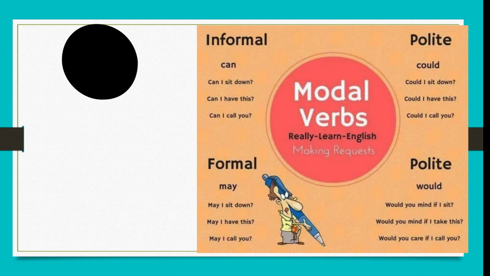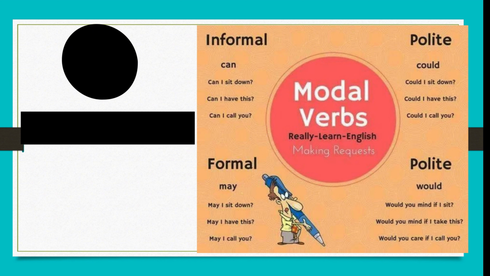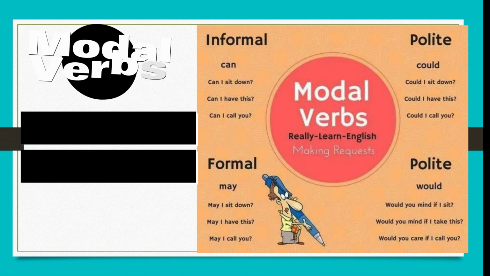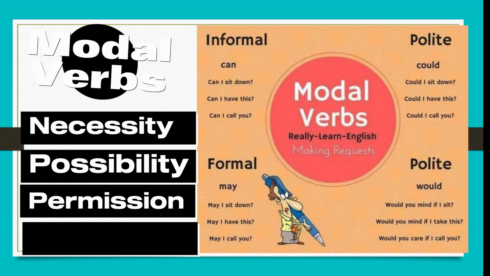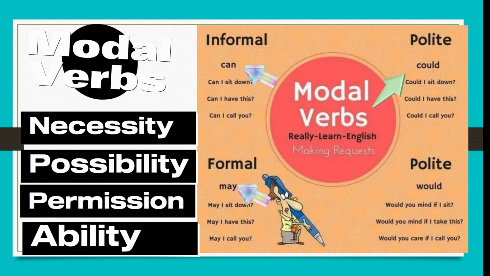Let's move on to modal verbs. Modal verbs are a type of auxiliary verbs that express necessity, possibility, permission, or ability. Common modal verbs include can, could, may, might, must, shall, should, and would.